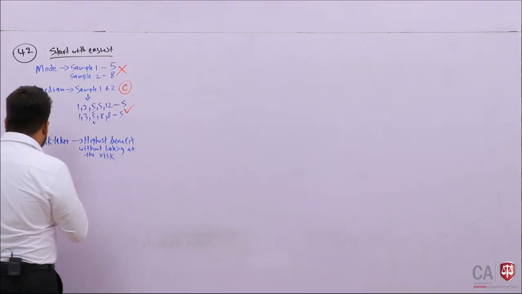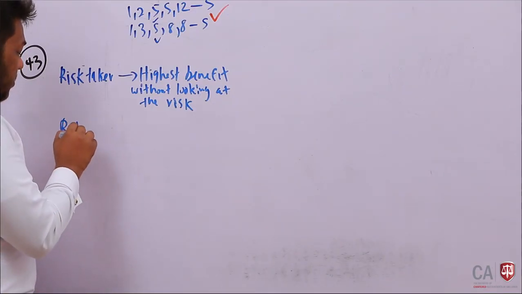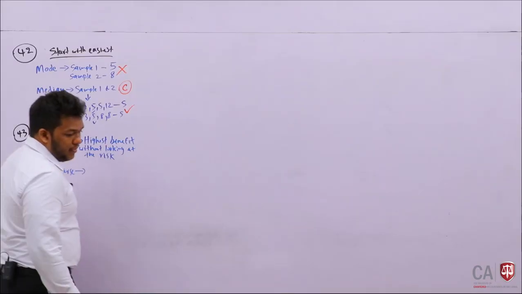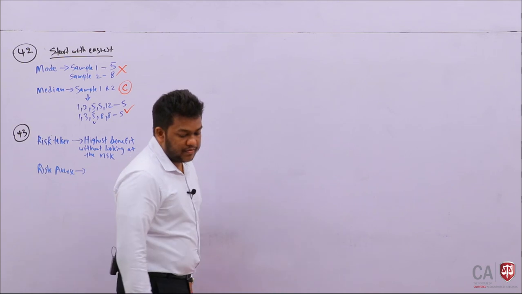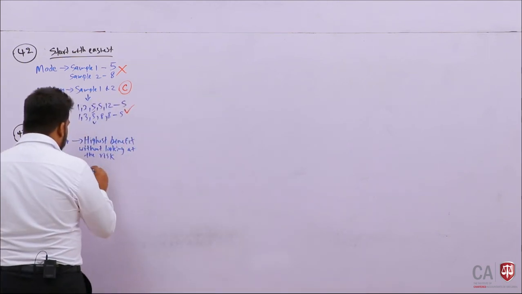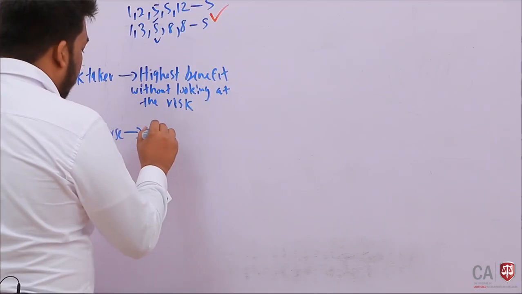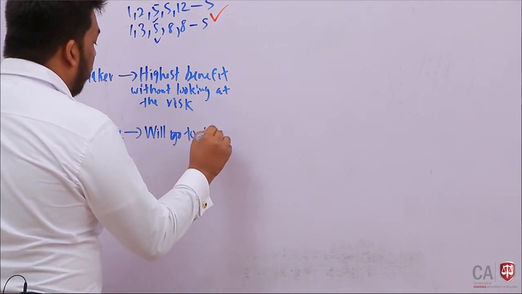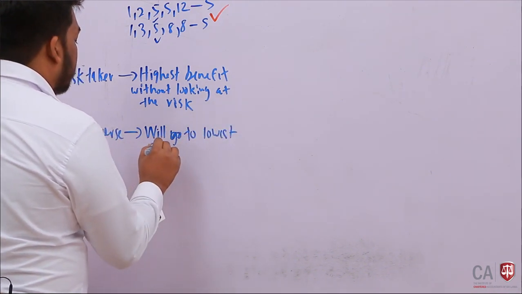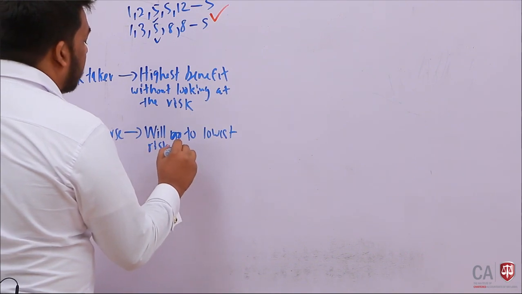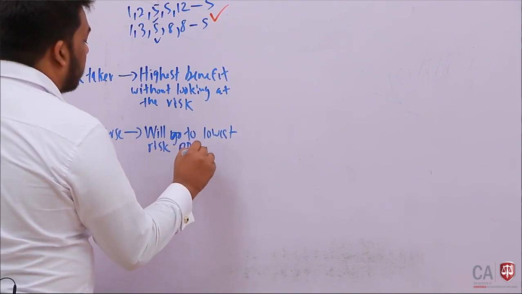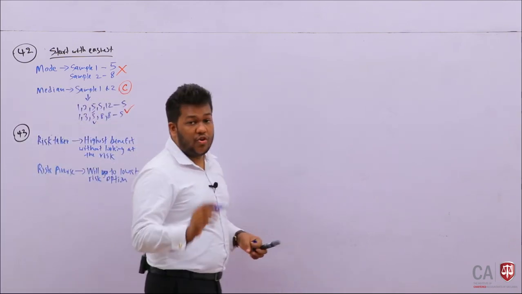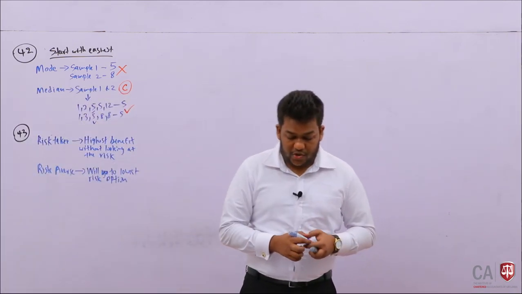Risk averse will go to the lowest risk option. They will not go for the highest risk one. They will go for a lower one.